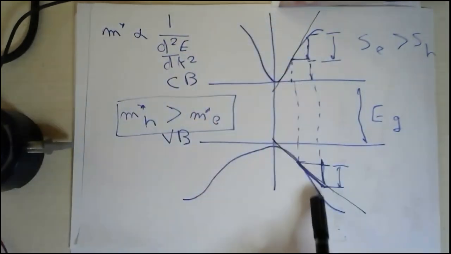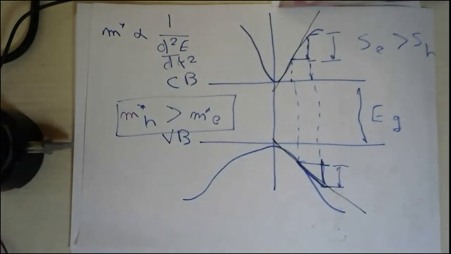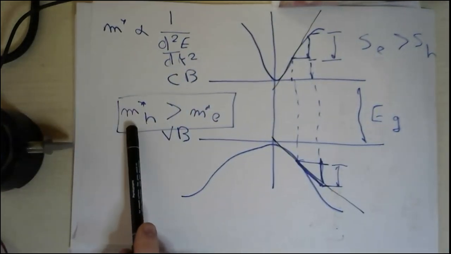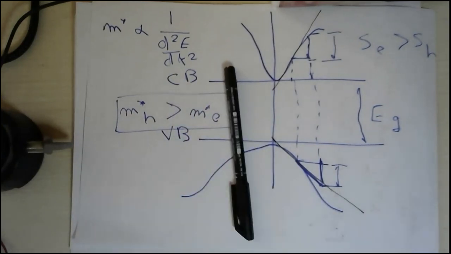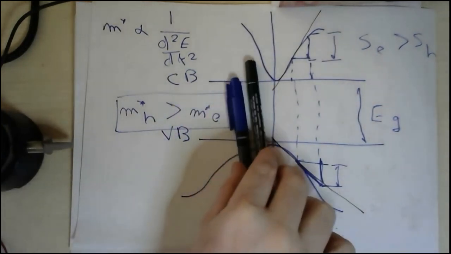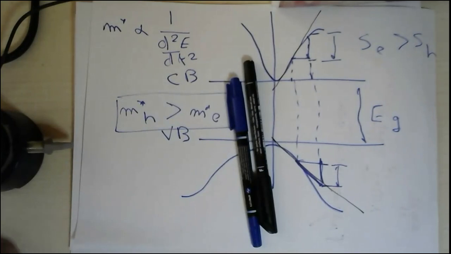So by doing this exercise, we have concluded that the effective mass of holes is greater than the effective mass of electrons. Now the question: what is the impact of this information?